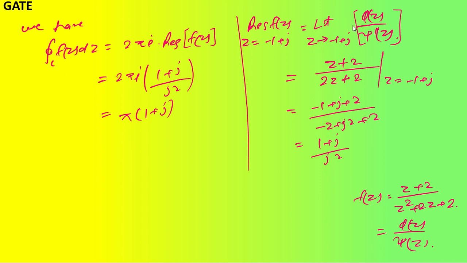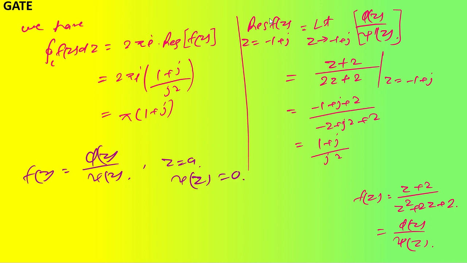But the problem is, if my f of z is equal to phi of z by psi of z, like up and down, and at z equal to a my psi of z is 0 and phi of z is not 0 at the same time, then it becomes undefined. So for that, my residue becomes simply phi of a divided by psi dash of a.